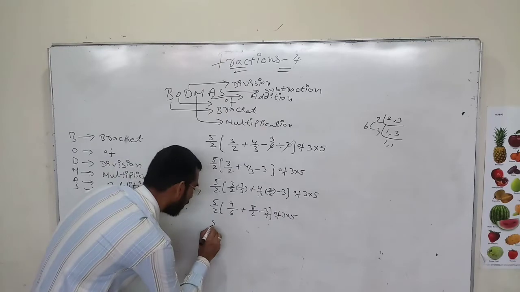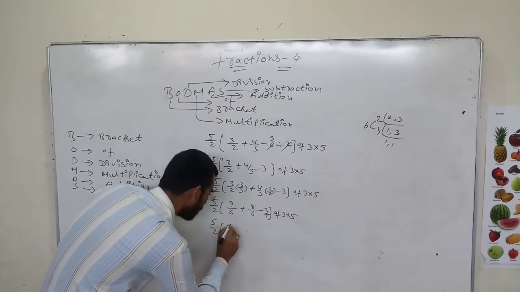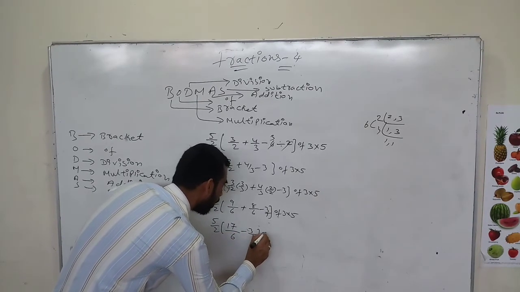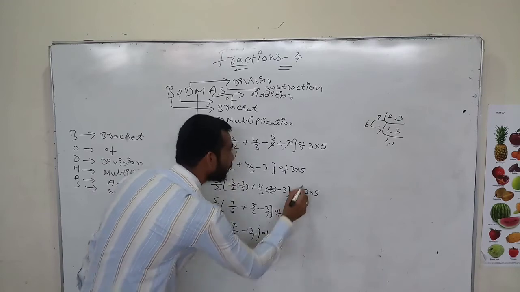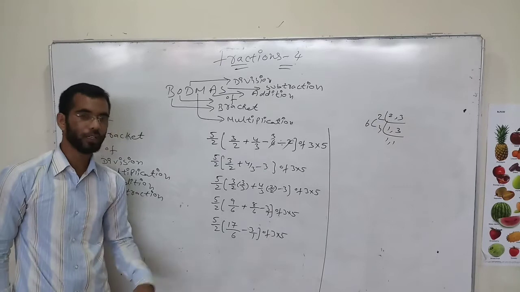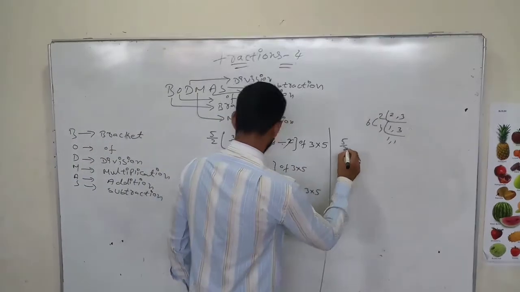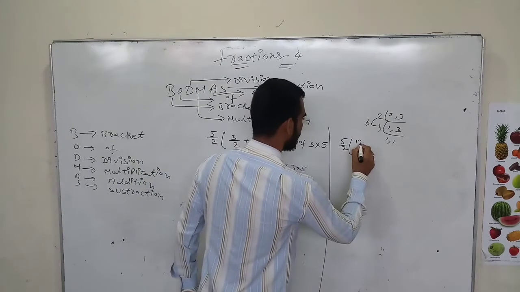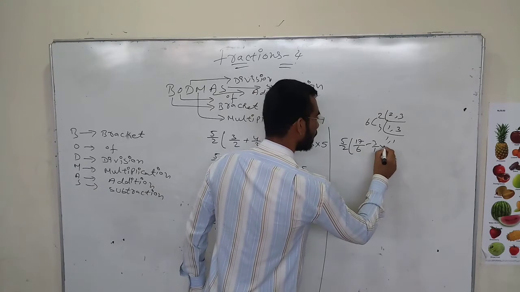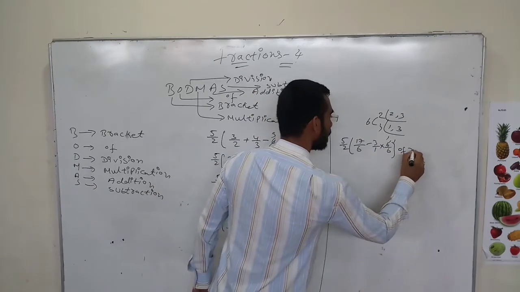Now 5 by 2, 9 plus 8, how much will it be? 17 by 6 minus 3 by 1 of 3 into 5. Now see here, addition is finished. What remains? Subtraction. Go for the subtraction. 5 by 2, 17 by 6 minus 3 by 1 into 6 by 6 of 3 into 5.